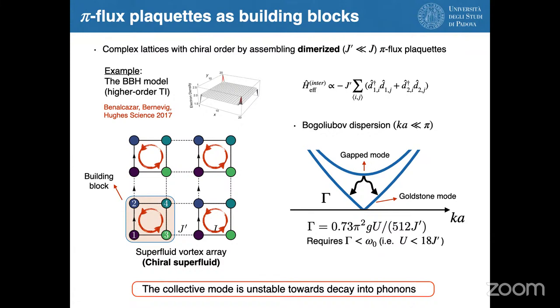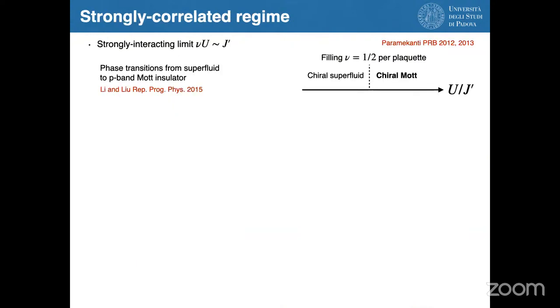So far it's the weakly interacting regime, but then we would like to see what happens in the strongly interacting regime. For this case, we know that a strongly interacting regime means that the interaction U becomes of the order of the only kinetic energy scale, J prime. And from p-band physics, we also know that there should be a transition from a superfluid, the one we saw a moment ago, to a Mott insulator of p-bands.